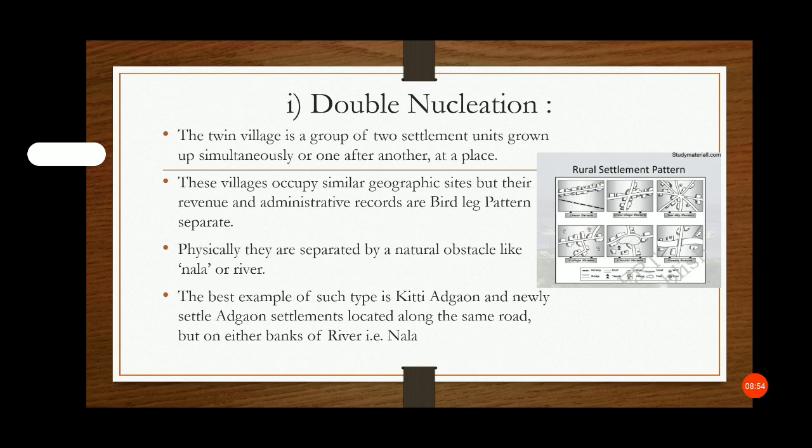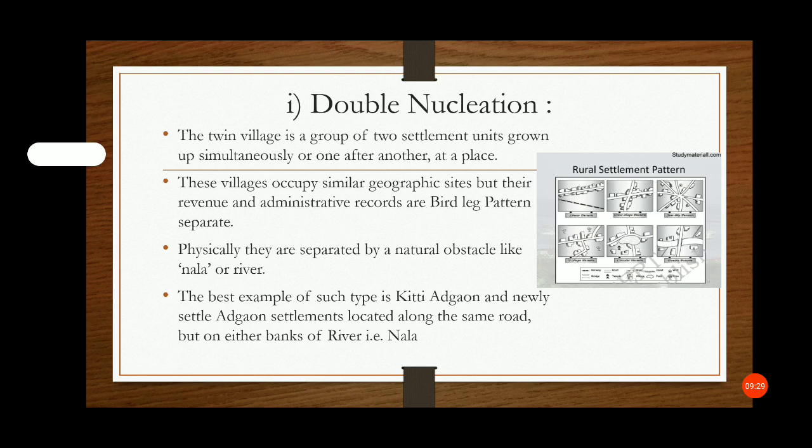Double nucleation. The twin village is a group of two settlement units grown up simultaneously one after another at a place. These villages occupy a similar topographic site, but their revenue and administrative records are separate.